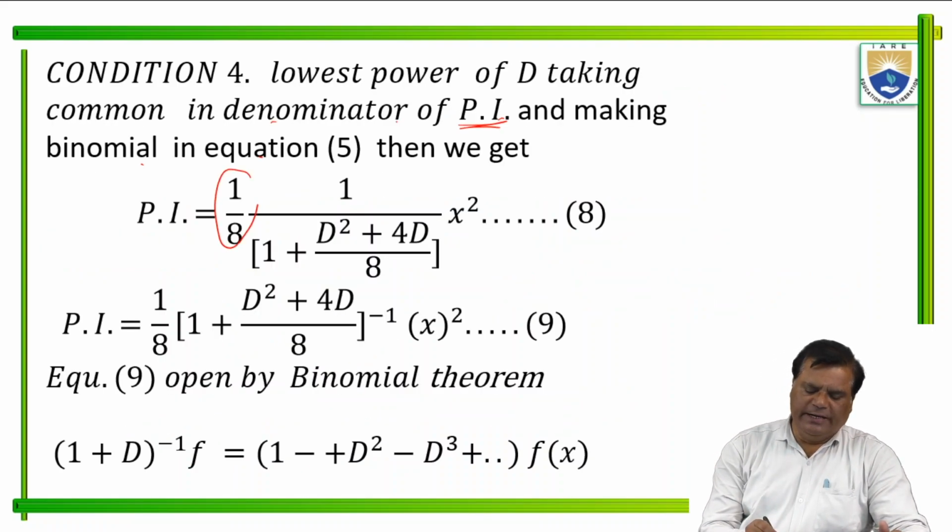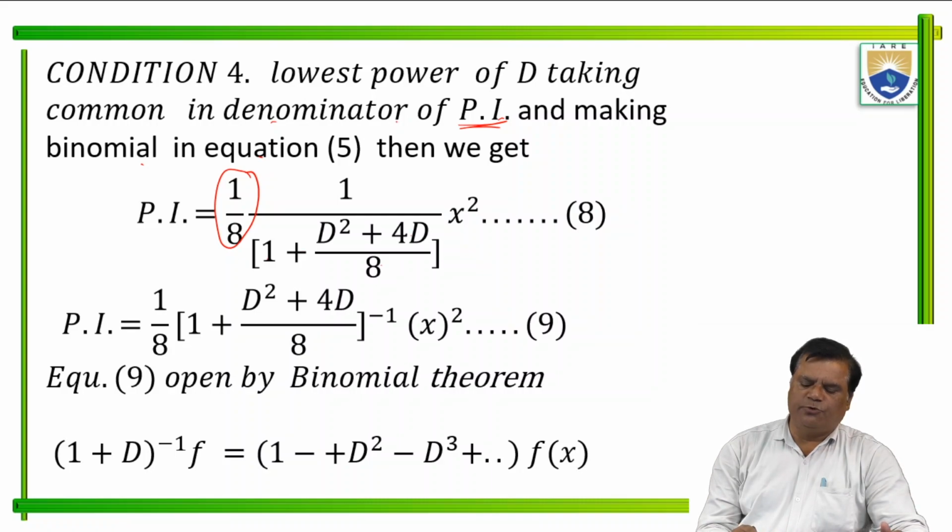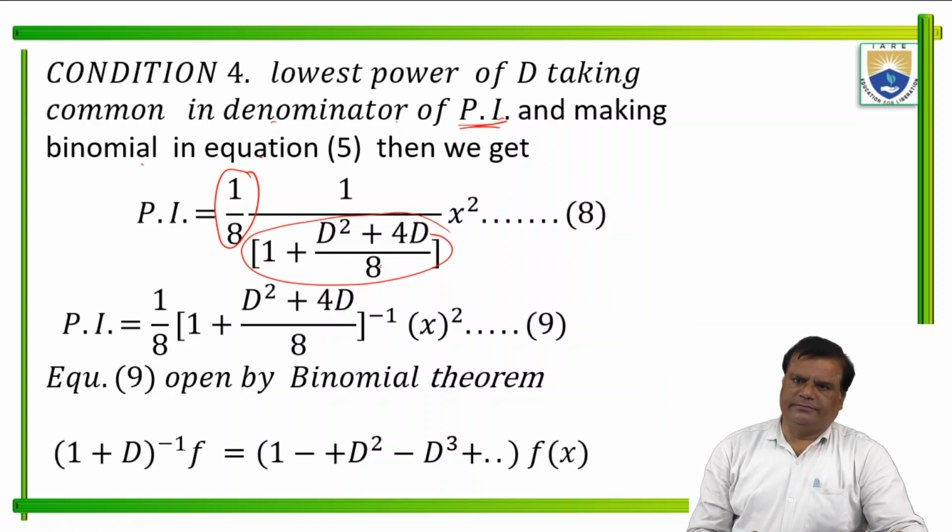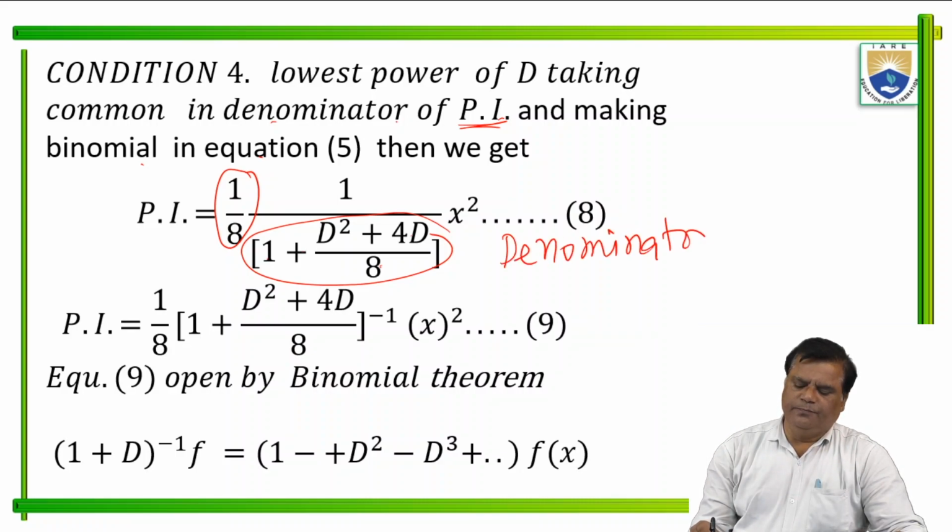Now 1 by 8 is common, and 1 upon 1 plus (D square plus 4D) upon 8, times x square. Now this denominator we take to the numerator.